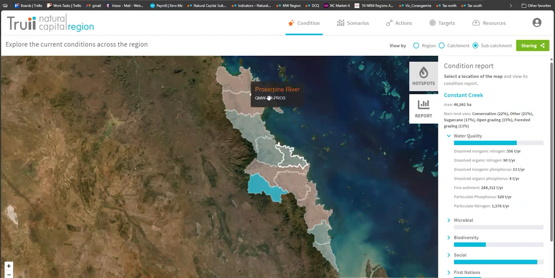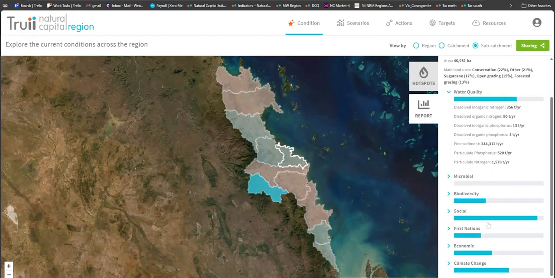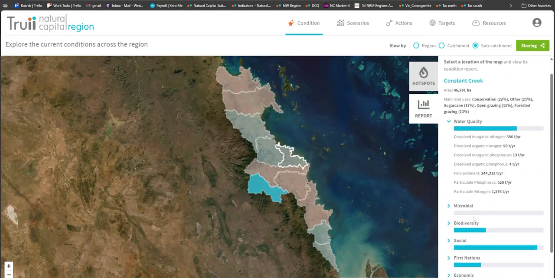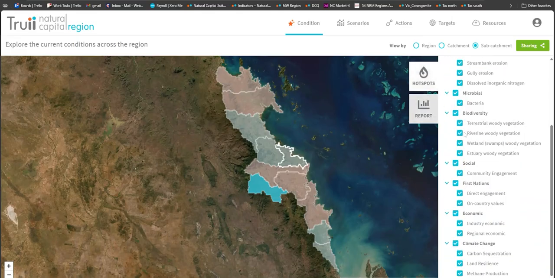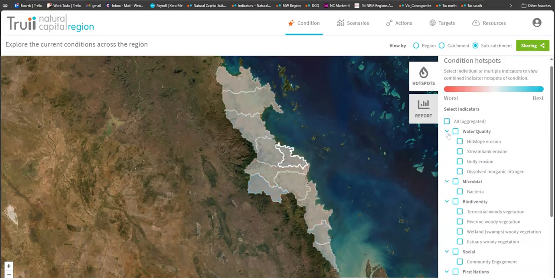And so we have 20 underlying indicators down the side here, you can see. And they're the sort of things that we care about in terms of natural resource management. So let's drill down. You can see the indicators here. And let's say we want to have a look at, where's my water quality hotspot? So you might look at individual indicators, but then you might say, well, hang on, what do things look like if I overlay biodiversity and water quality?